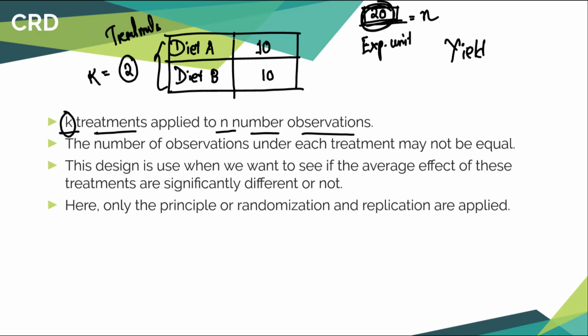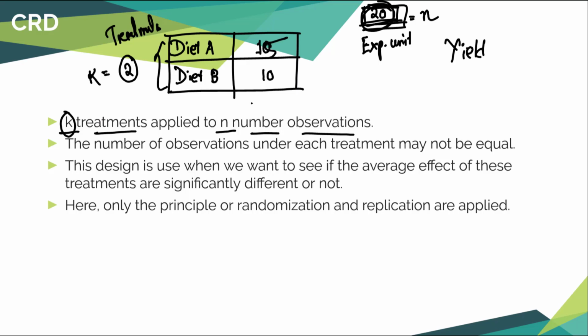So you divide the group of experimental units into 2 groups, giving diet A to one group, giving diet B to the second group. But it is not necessary that an equal number of people will take diet A and diet B. If the choice is upon the experimental units, that means the people, then different people can opt for different diets.